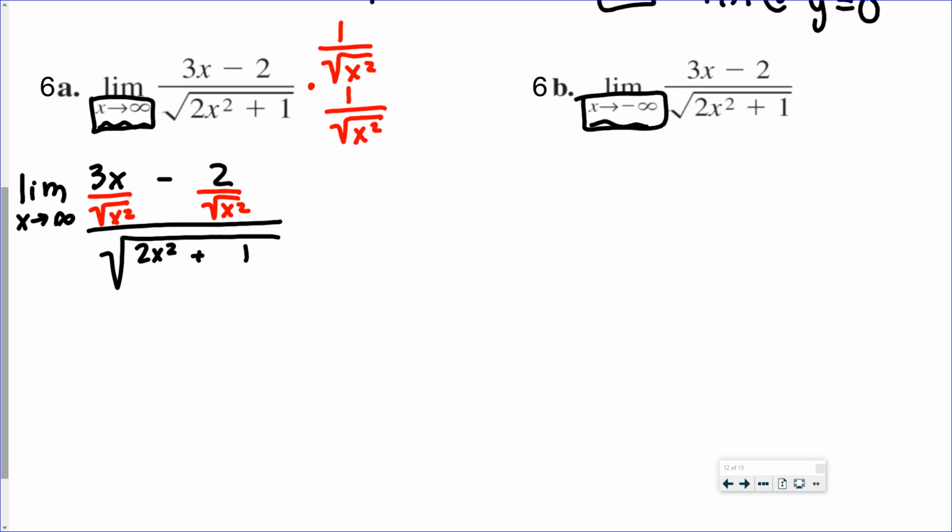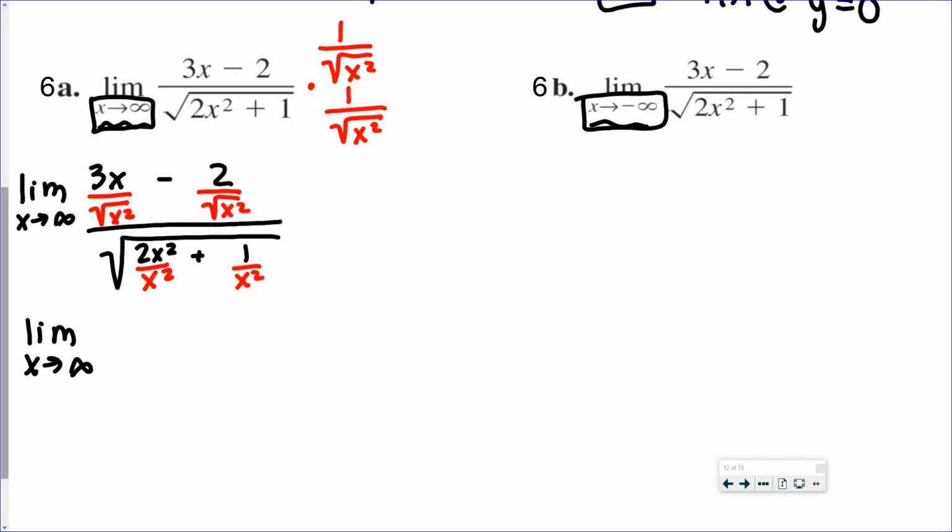Now here, because the square root's already contained in here, I can just add this in. I'm really dividing everything by x, but I'm writing it like this because that square root of x squared is underneath my radical here.